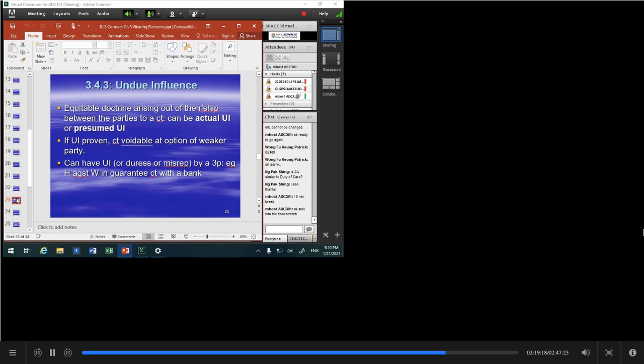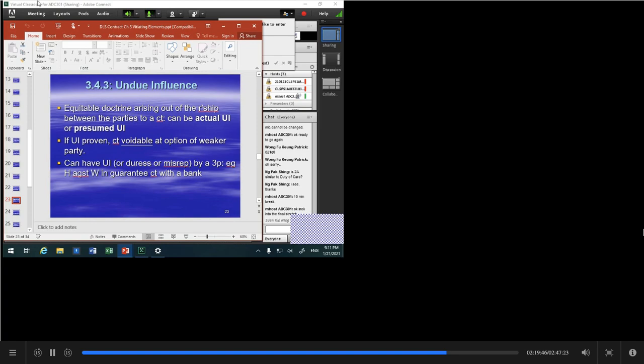If somebody's threatening you with physical violence, you are not entering into the contract voluntarily. And so at common law, if you can prove duress, whether it be physical duress or indeed economic duress, the contract is rendered voidable at the option of the innocent party. So we know that.